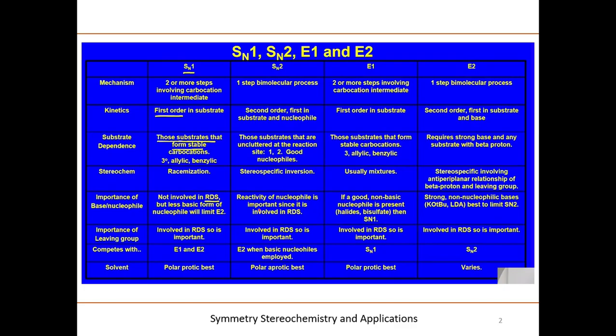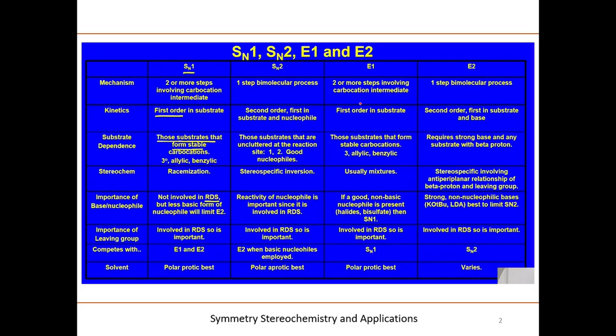But in the SN2 reaction, the reactivity of the nucleophile is very important, because it is involved in the rate of reaction. The leaving group is involved in the RDS, so it is also important, and it competes with E2 elimination when a basic nucleophile is employed. And SN2 reaction is more favorable in polar aprotic solvents.